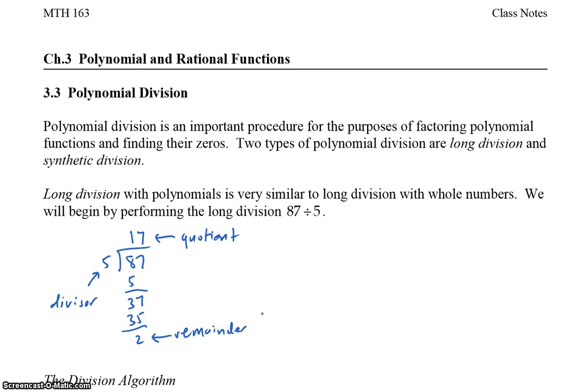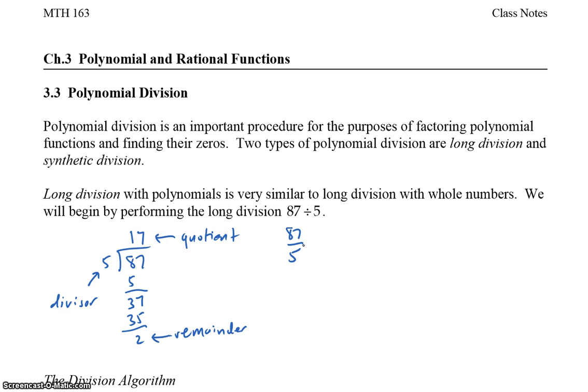And then we can write the result. One way would be to say, if we take 87 divided by 5, but write that like a fraction, 87 over 5. Any fraction is a division. So if you write 87 fifths, that's 87 divided by 5.